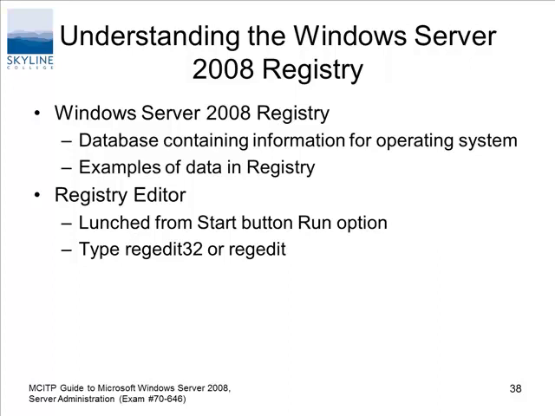Regedit32 is a little bit different than regedit, and if you have never looked at this thing, you may want to take a look at this one. By default it is read-only. You have to tell it that you want to edit the registry, which makes it a little bit safer than just regedit, because in regedit you're in edit mode.